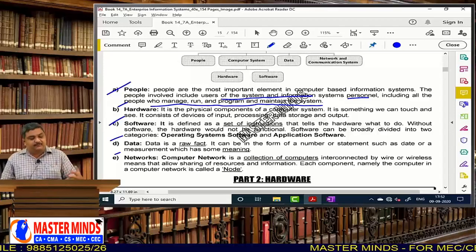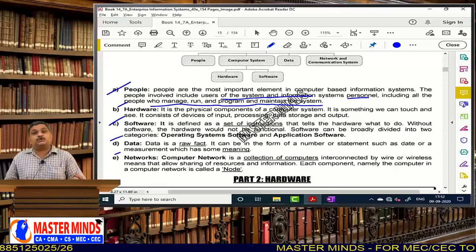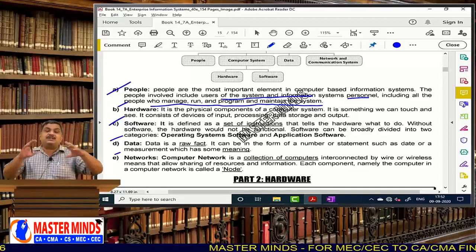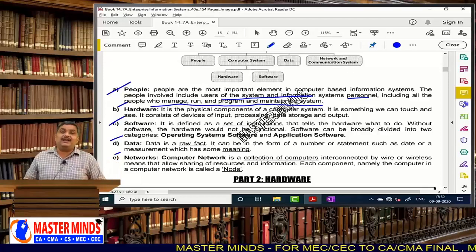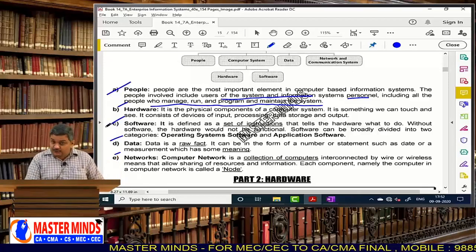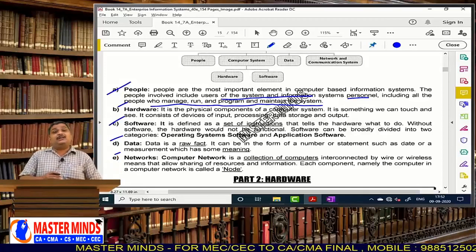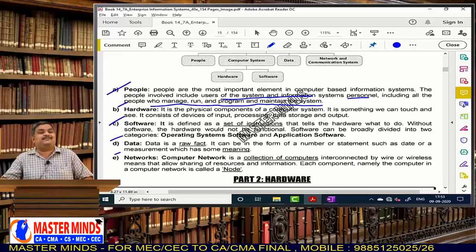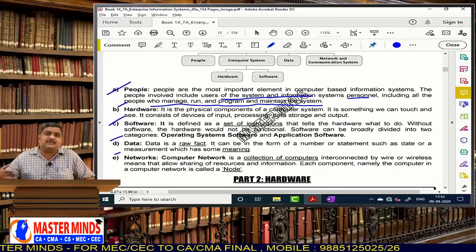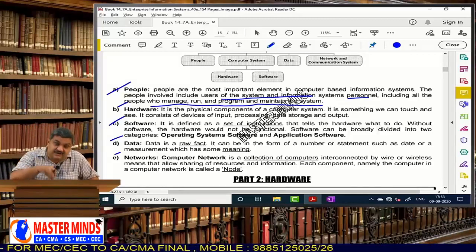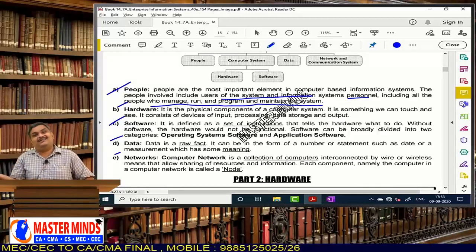So network equipment, telecom equipment, storage equipment, input devices, output devices, all these are required in an information system. And software, you can take software as a synonym for information system. But for the software to be functional, you require hardware.